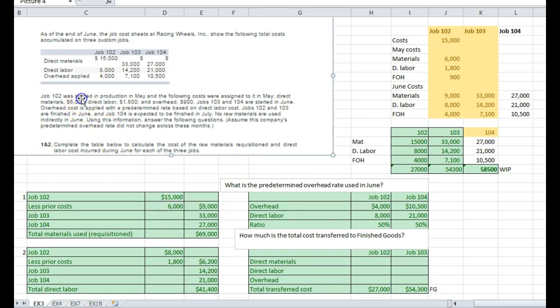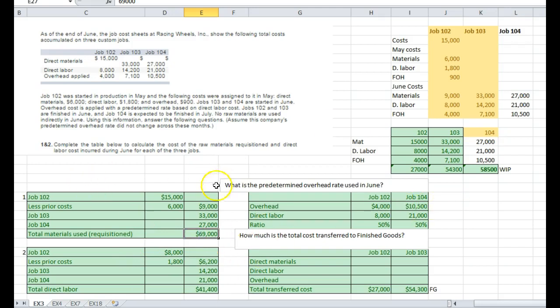It said we had $6,000, so we're going to subtract that out. This is May's cost for materials. On job 103 and 104, that's not a problem because they just got started, so you can just use the $33,000 and the $27,000. And then your direct materials used, okay, are $69,000.